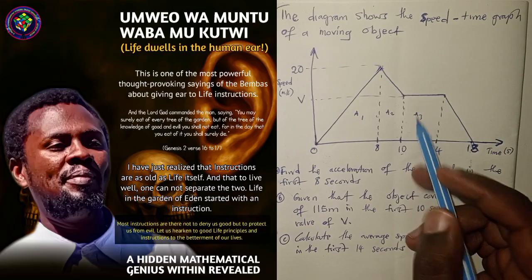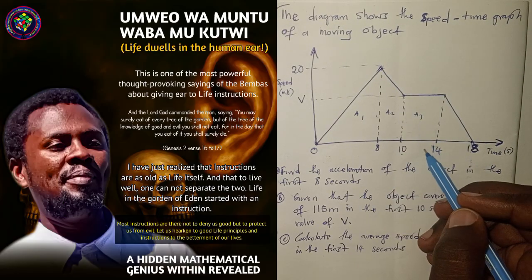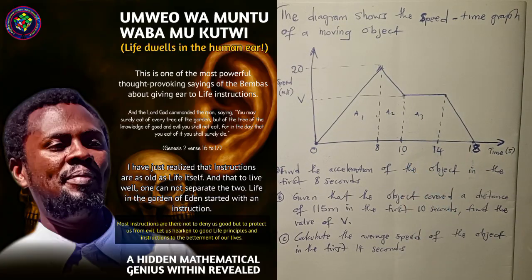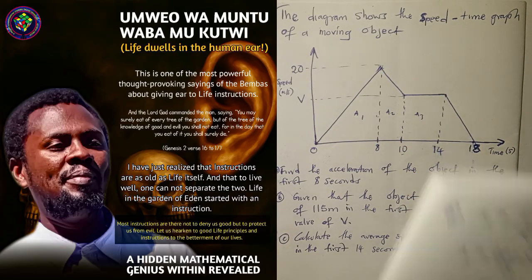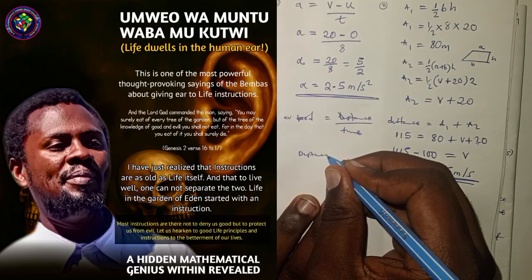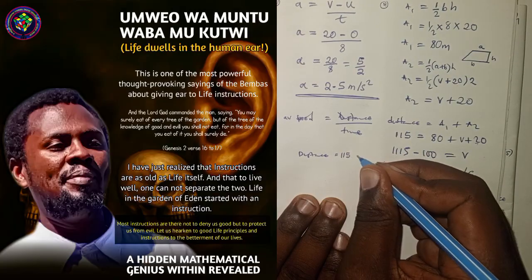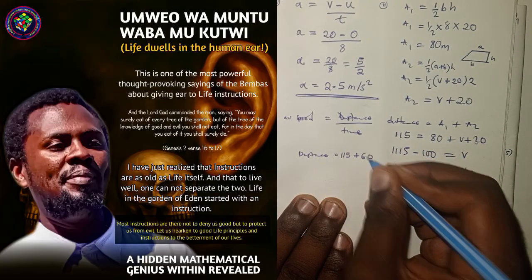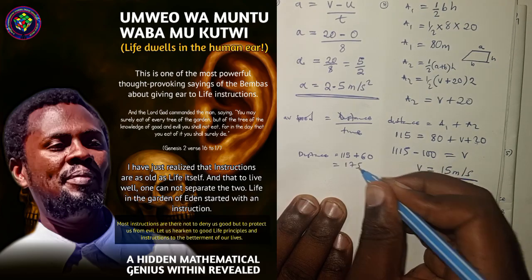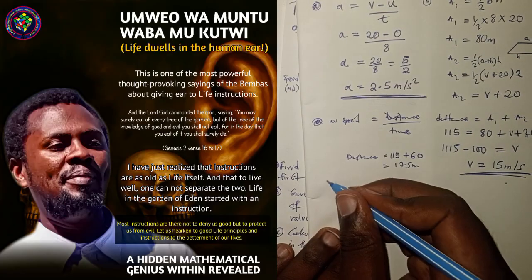Then here we have from 0 to V, and V is 15. So that is just 4 multiplied by 15, you get 60. So the distance in the first 14 seconds will be 115 plus 60, so you get 175 meters.